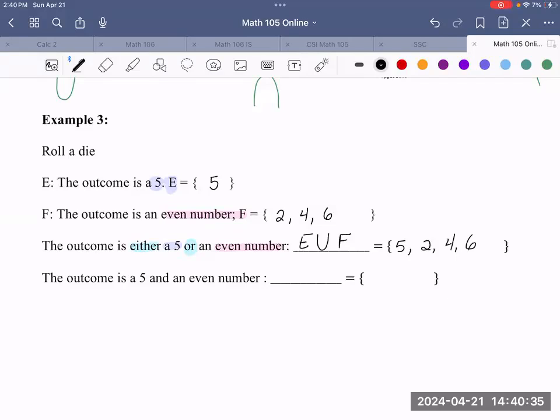Now, if there's anything repeating, we only have to list it once, which in our case, we don't have any repeats.